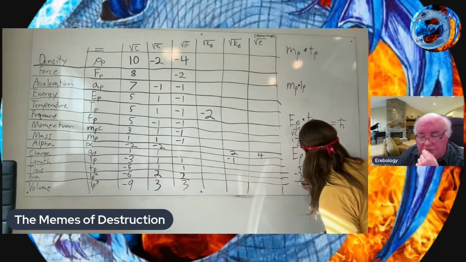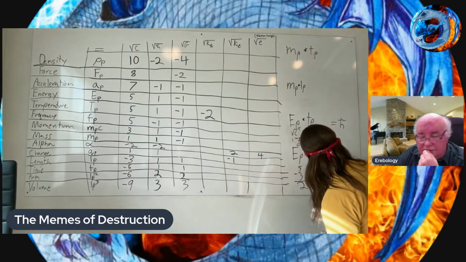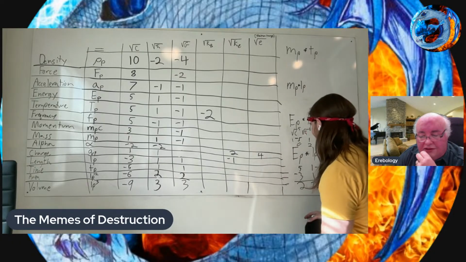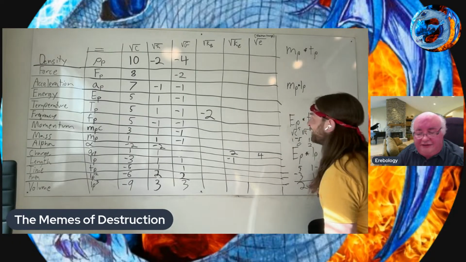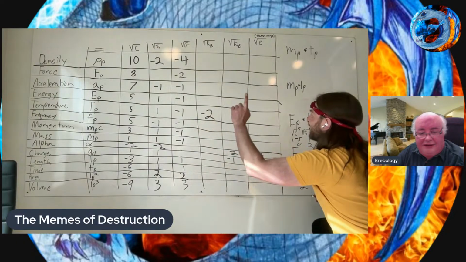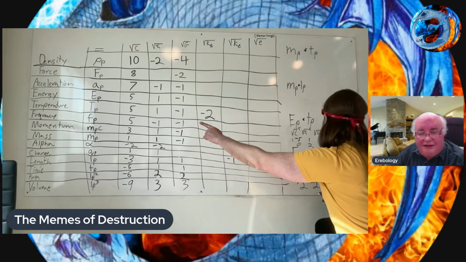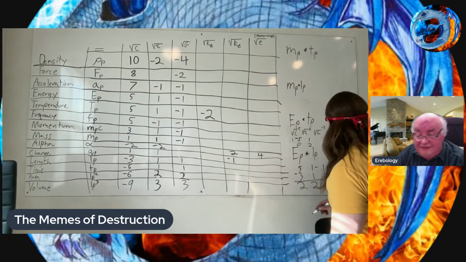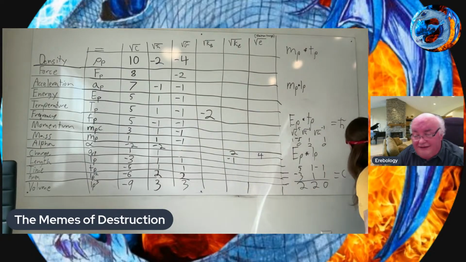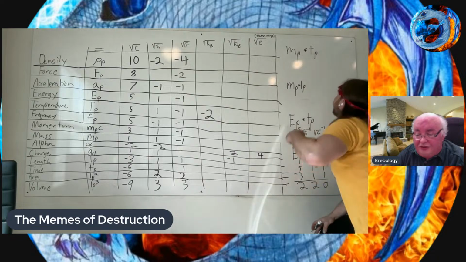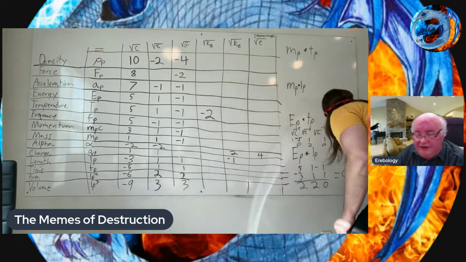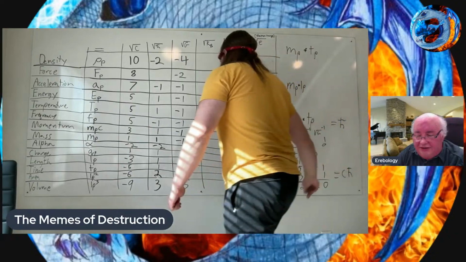So that's going to give us 2, 2, 0. That's going to be 2. So your conclusion is it's going to be C times H bar. You can write that next to the EPLP equals. You've shown your work.